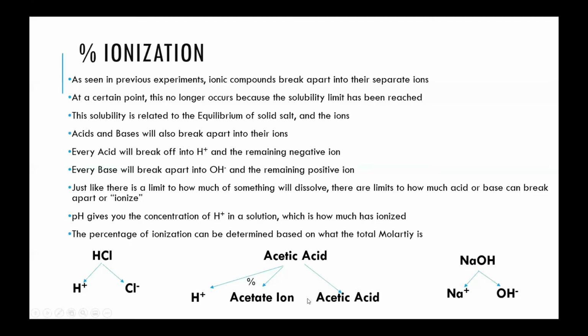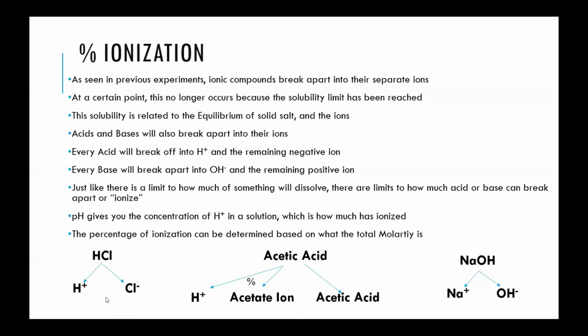And when you measure the pH of something, if you know the concentration ahead of time, you can obtain the concentration of H+, so that's the concentration of ion, and determine a percentage. So if the concentration of acid is 1 molar, and the pH tells you the concentration of H+ is 0.1 molar, that means 10% of it broke apart into its ions.